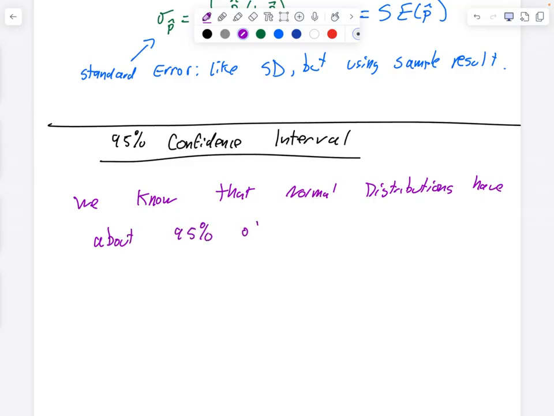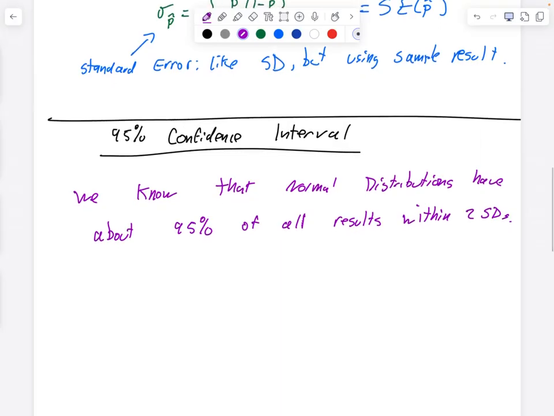We know that about 95% is within about 2 standard deviations. This is the visual I showed you earlier, okay? So here's the center, here's the mean, 1, 2, 1, 2, and we have a 95%, okay?